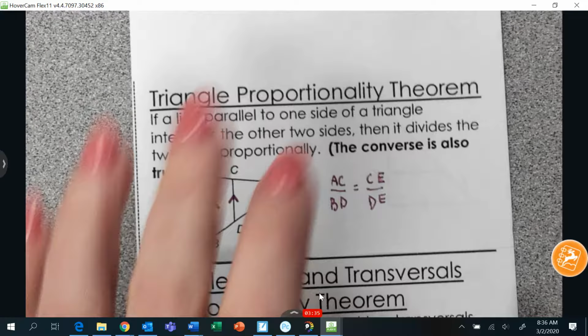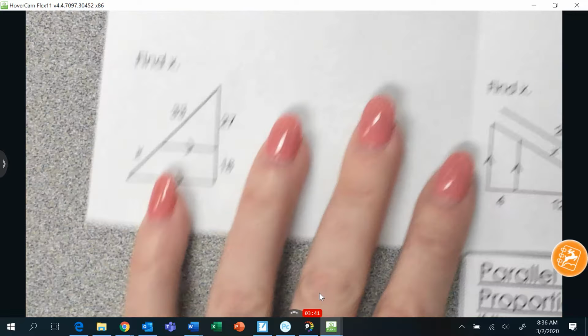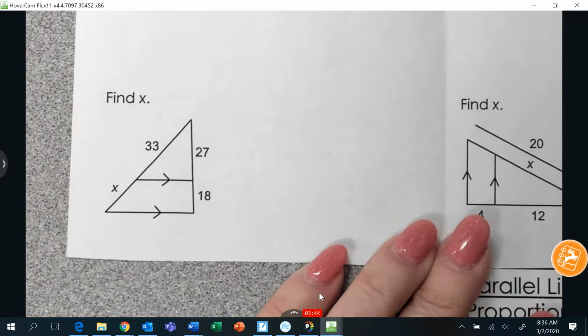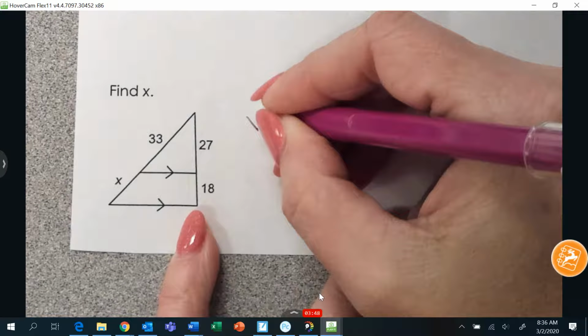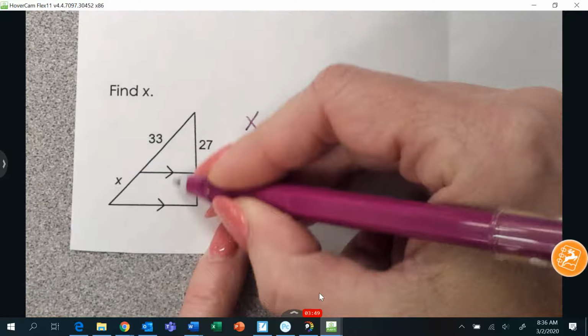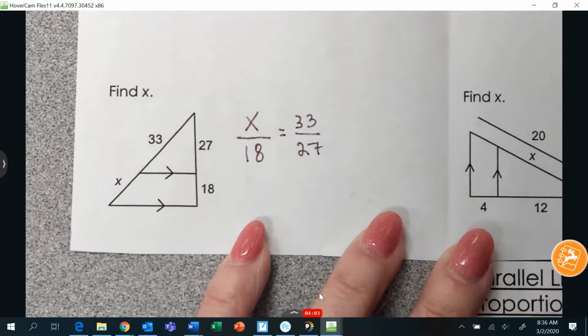All right, so we've got two. Find x. So we can say that x, and you see they're marked parallel, x corresponds to 27. How are we going to solve that?